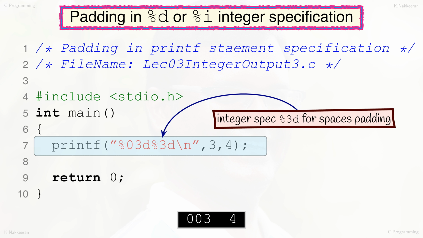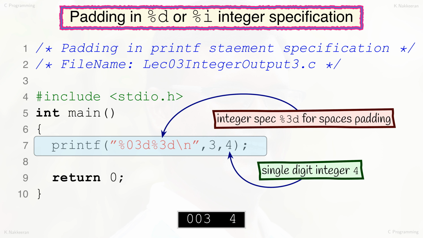%3d will use 3 digit spaces format for the display of the integer, and if the integer provided has number of digits less than 3, then so many spaces will be displayed in front of the integer. For the %3d integer specification, single digit integer 4 has been provided. So, there is a difference of 2 digits between the specification and the provided integer.